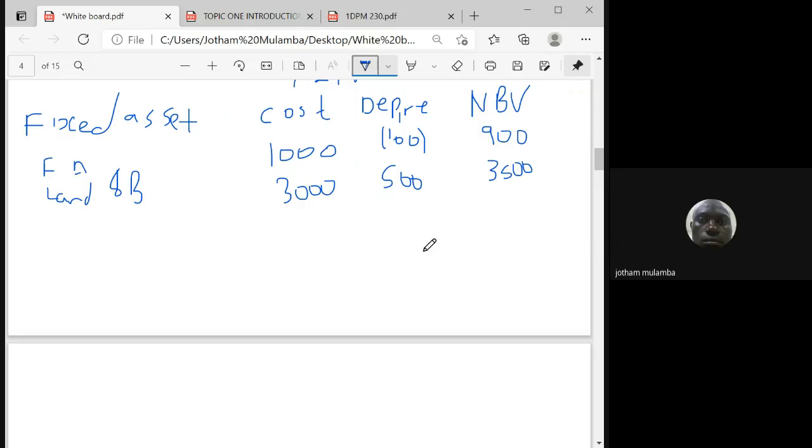Then once you have done with the fixed asset, we look at current assets. Who can mention some of the current assets that you know of? Esau, any current asset you know?